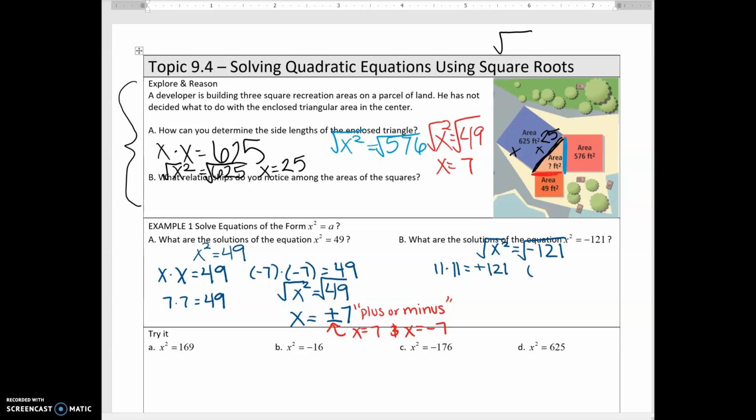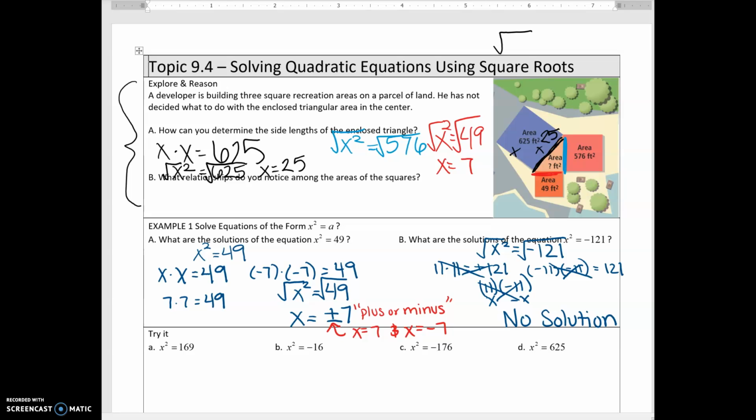Well, what if I do negative 11 times negative 11? That would still give me a positive 121. The only way to get negative 121 with this would be 11 times negative 11, and that's not the same. This would be x and this would be negative x. So that's not going to work. So this is actually a no solution.